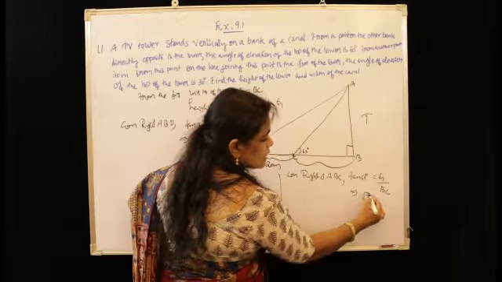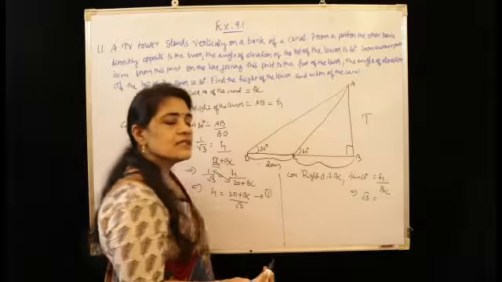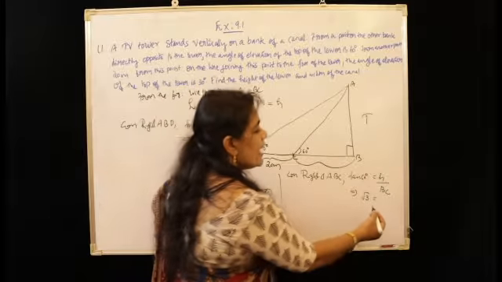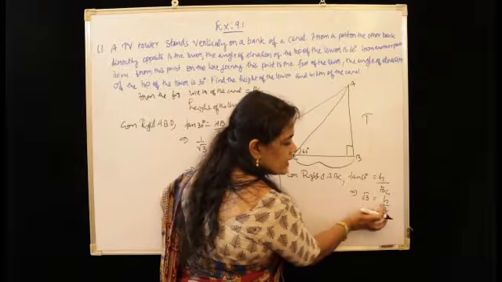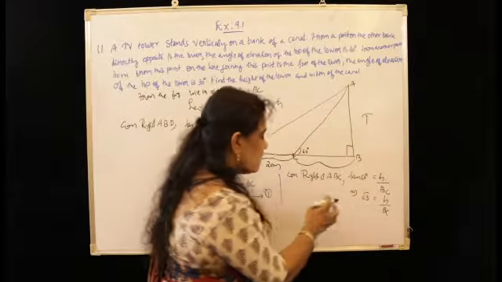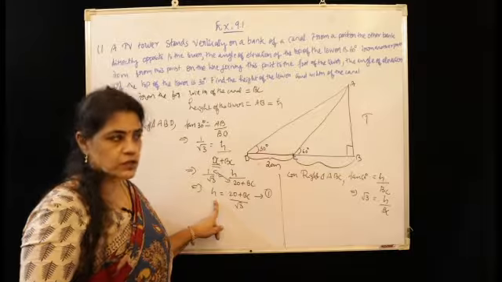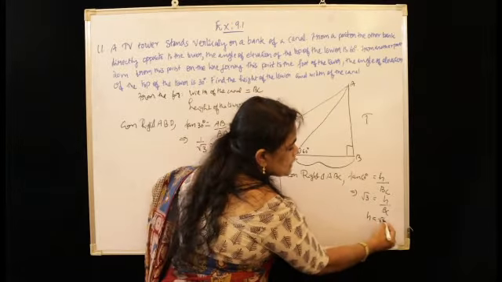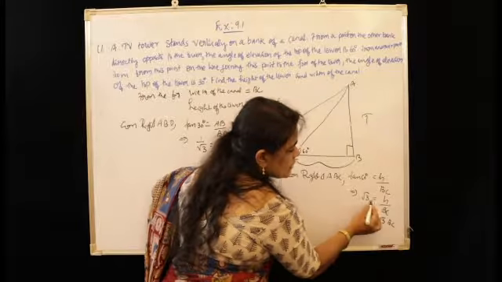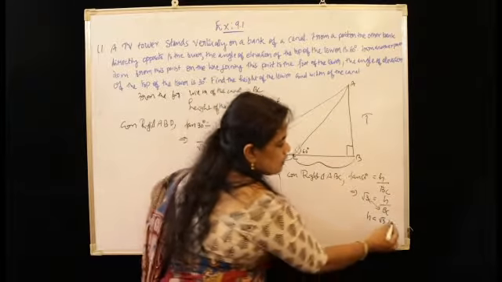So root 3, that is the value of tan 60, is root 3, equal to h by BC, and we can get this equation with respect to h. We have already one equation in terms of h. Okay, so we will get h is equal to root 3 BC by cross multiplication. This is equation number 2.